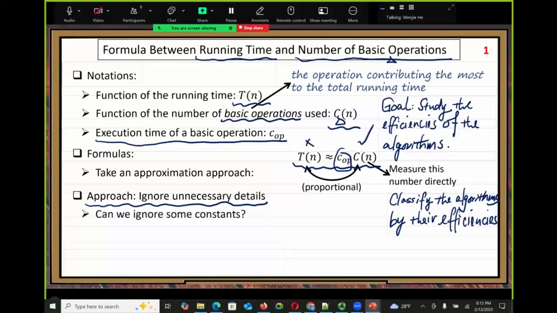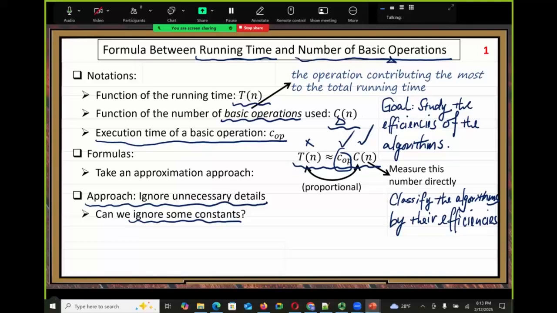Then, regarding ignoring some less important terms, one question is, because usually in our formulas we have many constants, how to deal with those constants in the formulas. For example, in this formula there is this little c-op constant.